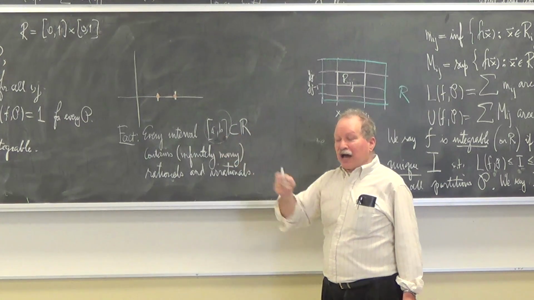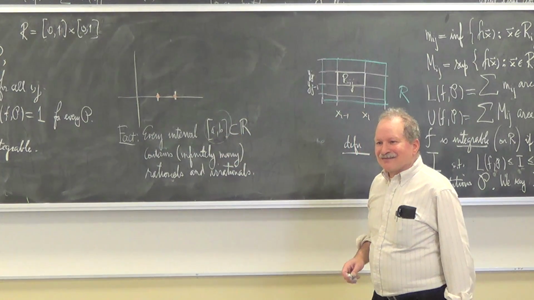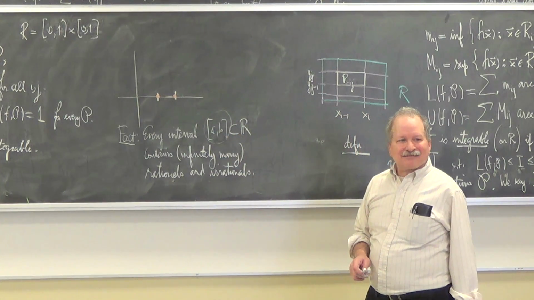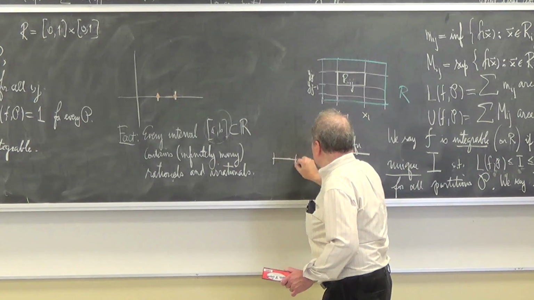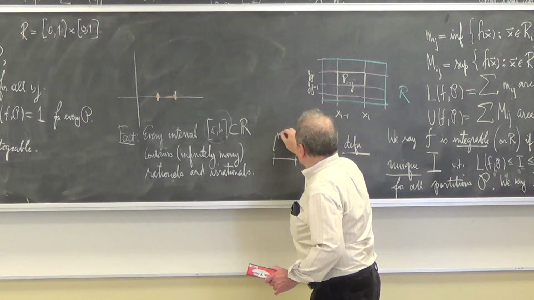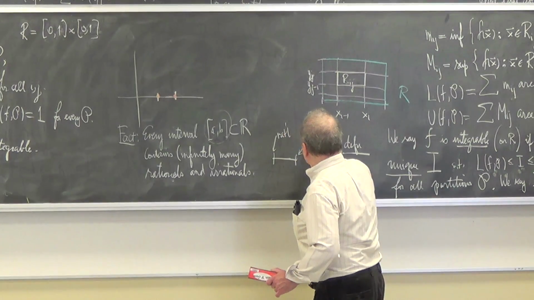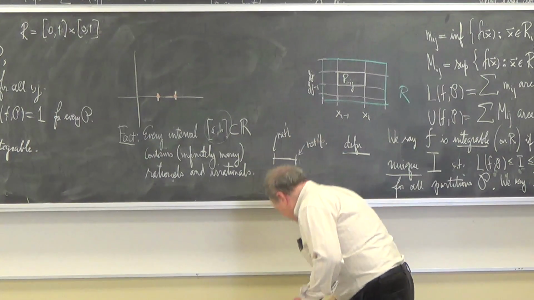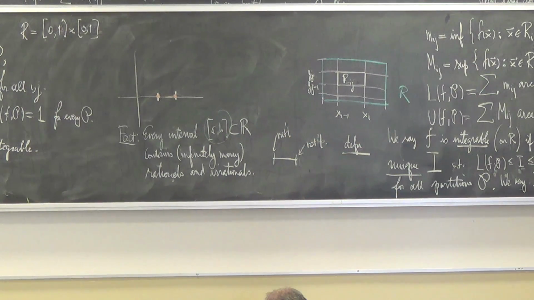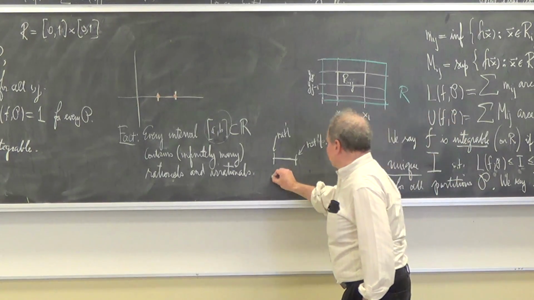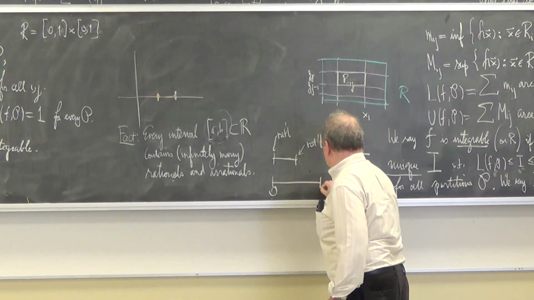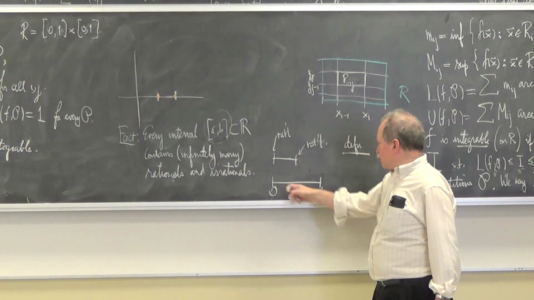How do you get the irrationals? Can you convince me that between two rational numbers, there's an irrational? What about between 0 and 1?